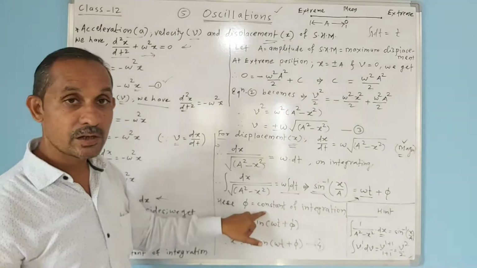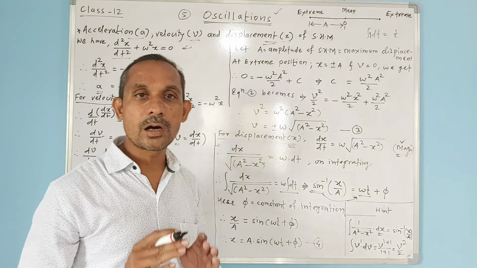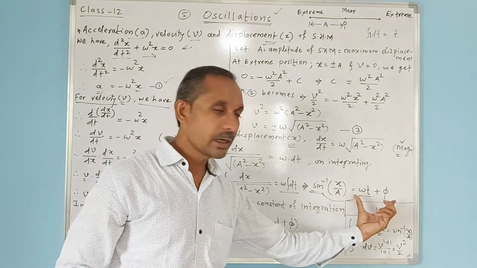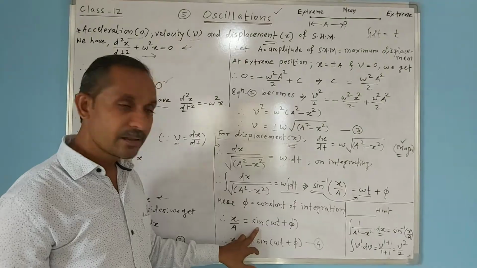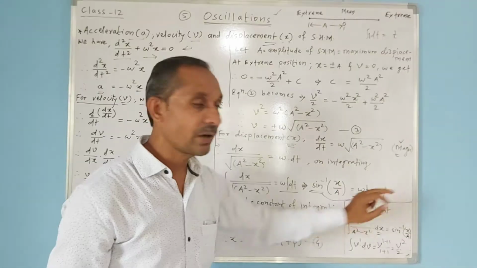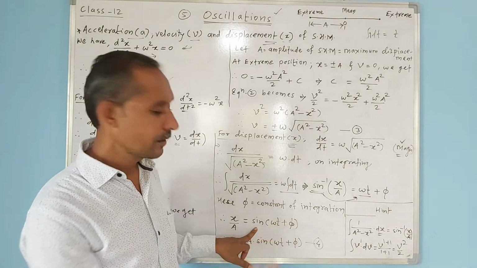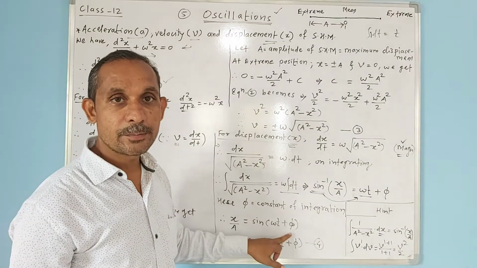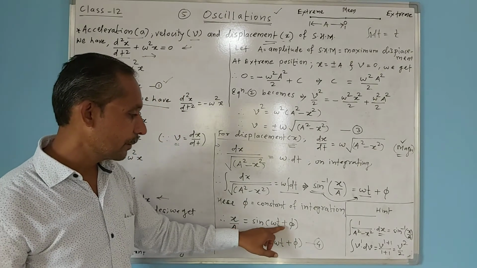So sine to the plus 1 means only sine, and this sine function or harmonic function will operate on the right hand side, omega t plus phi. So x upon a is equal to sine omega t plus phi.